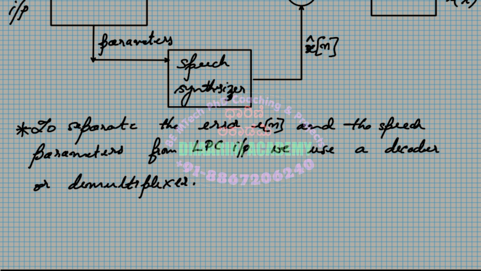Now, as we understood, this decoder generates two signals. One is an error signal, and the other one includes all the parameters of the speech which we are trying to represent. The parameters will go as input to the speech synthesizer, which produces an approximated speech signal that is denoted by x cap of n.